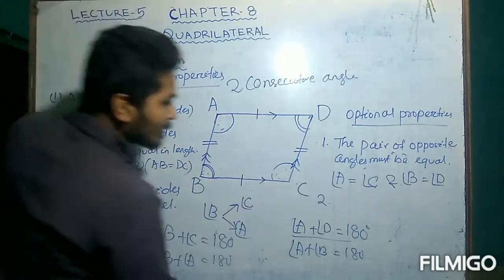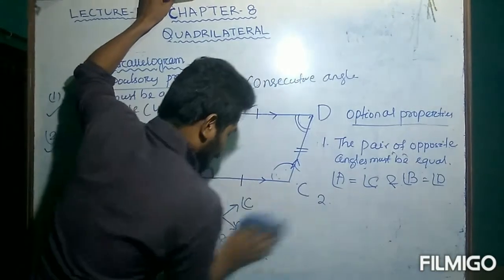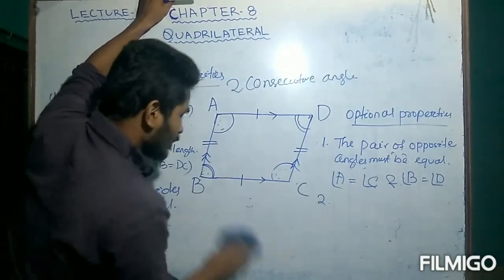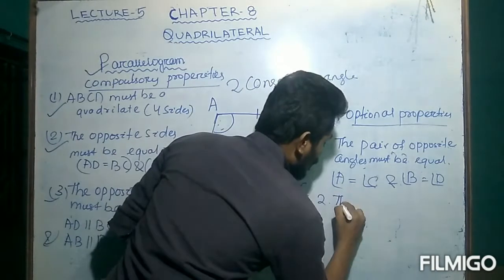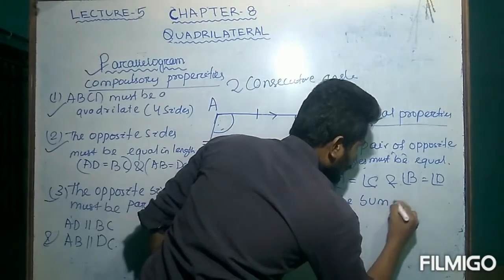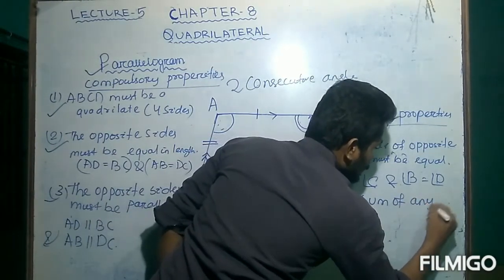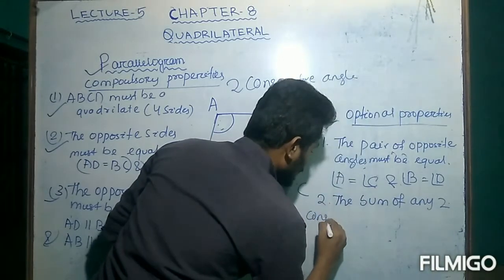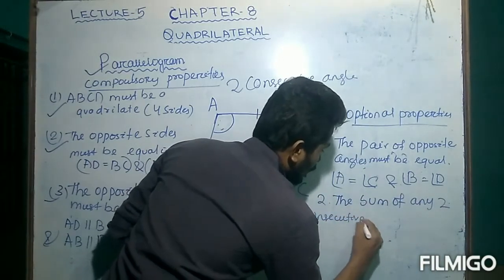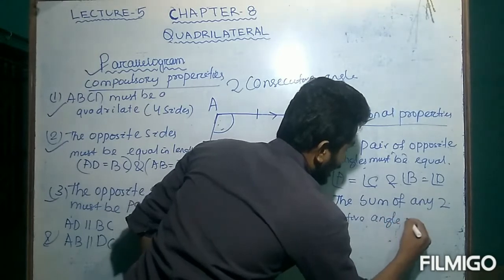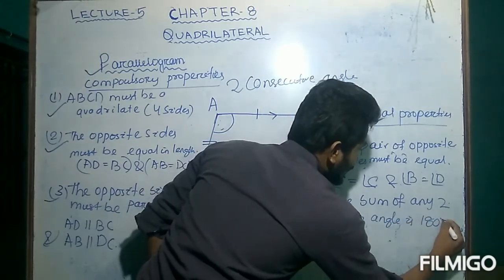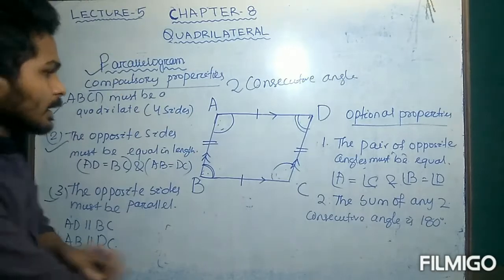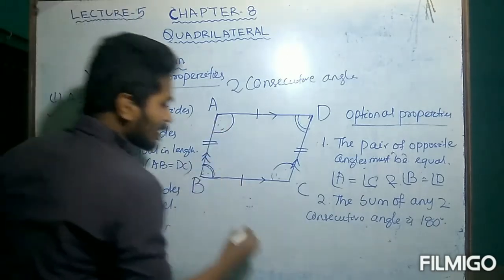Similarly, you can write that the sum of any two consecutive angles is 180 degrees. For example, A and B are consecutive.